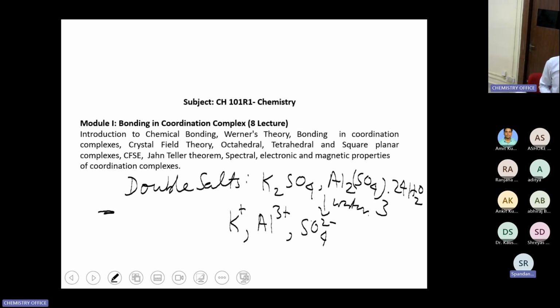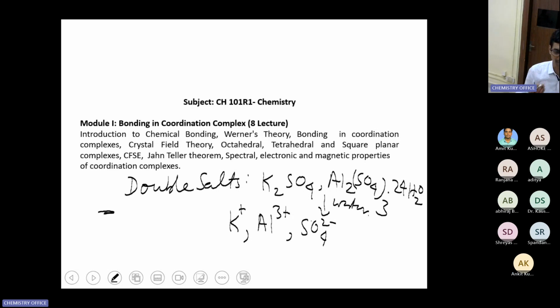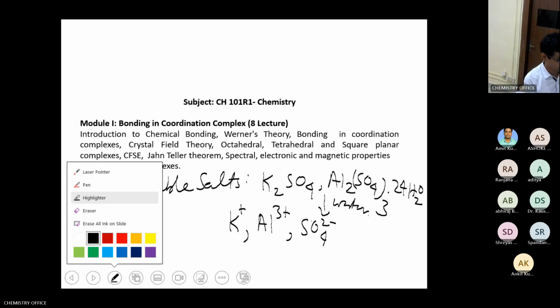Now, in this context, when we consider the coordination complex, it may contain n number of metals, where n can be from 1 to a huge number, up to the range of polymers.